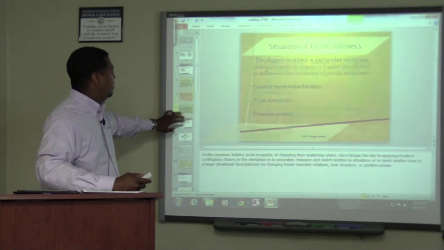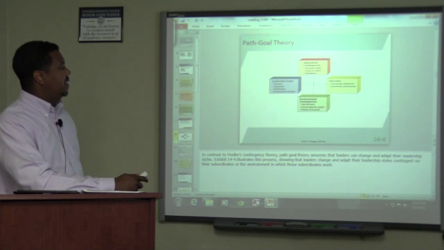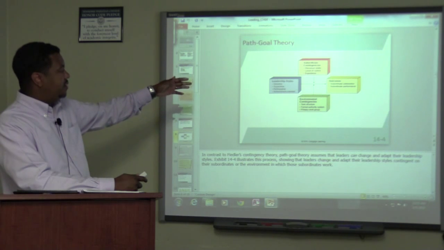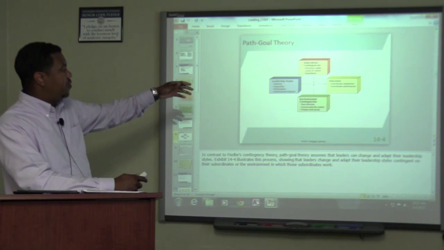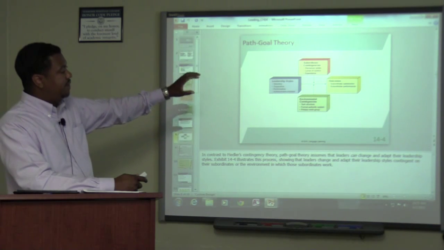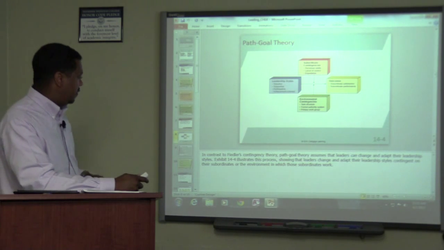And also thinking about path-goal theory, it indicates that leaders will have a different leadership style, whether directing, supporting, participative, or achievement-oriented, depending on the ability of their colleagues, the environment, and the necessary outcome that we're trying to move forward.